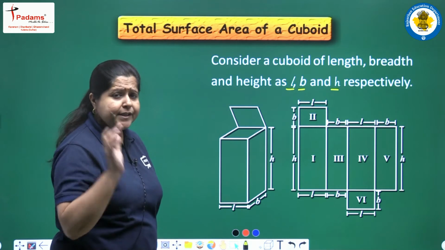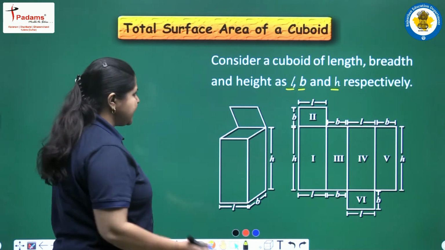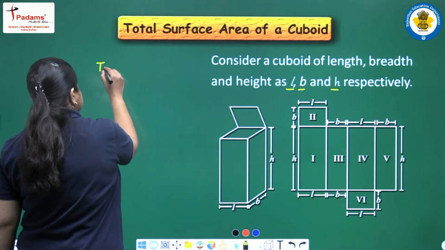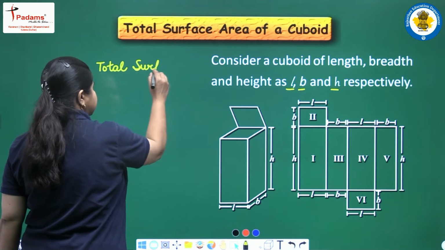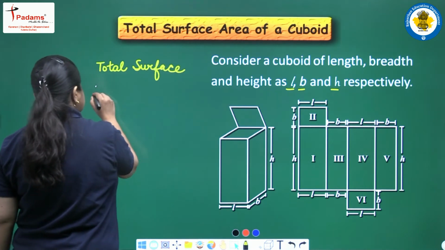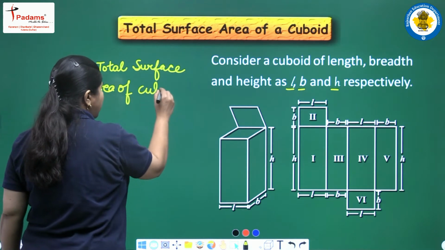Now we are interested to find the total surface area of a cuboid. We write it here. Total surface area of cuboid. How we will find it?